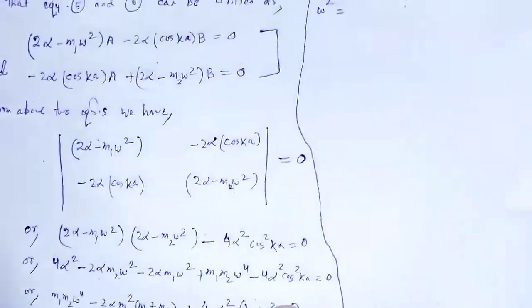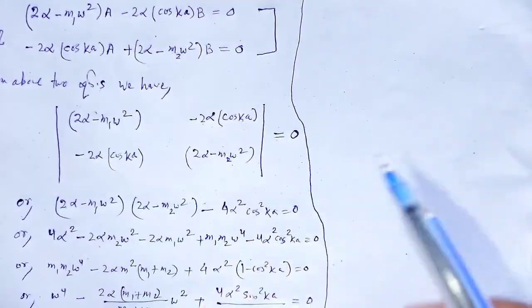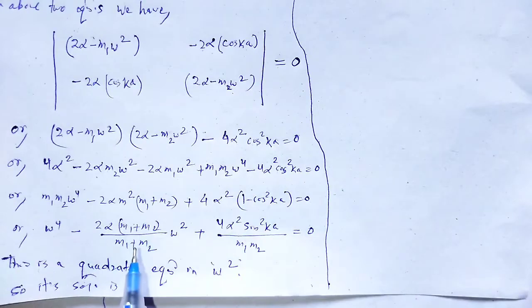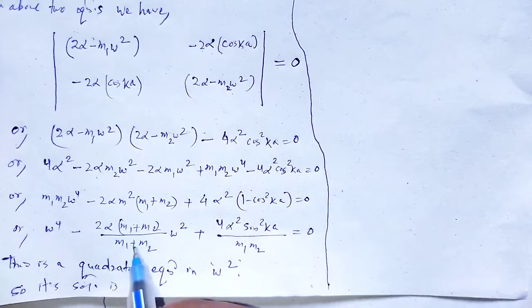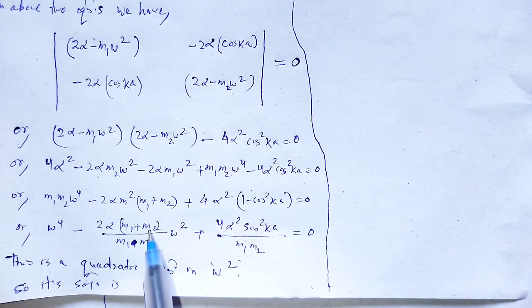I write that solution with alpha: the term (m1 plus m2) divided by m1 m2. So m1 divided by m1 m2, m1 cancels out, it will be 1 by m2, plus m2 divided by m1 m2, m2 cancels out, so 1 by m1.